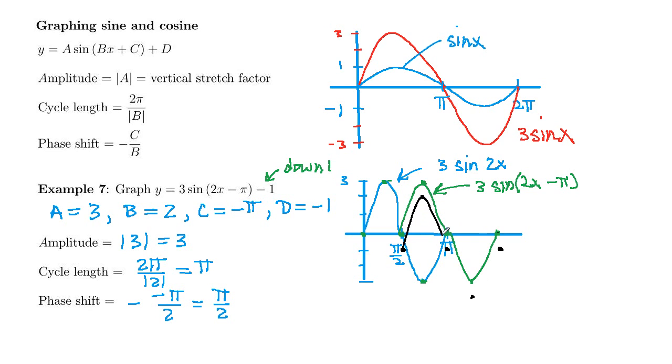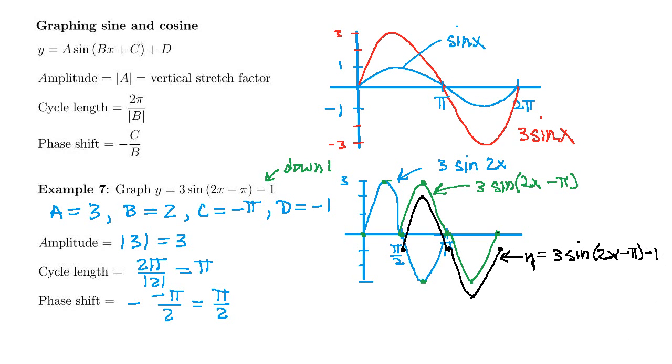So one cycle of our final graph looks like this. So that is y equals 3 sine 2x minus pi, and then minus 1.